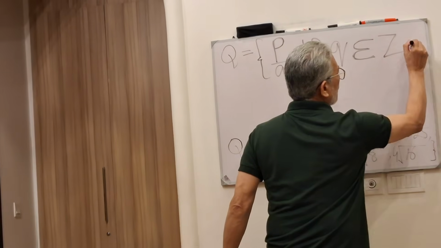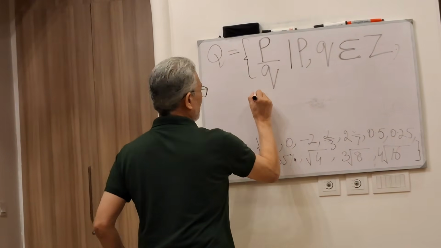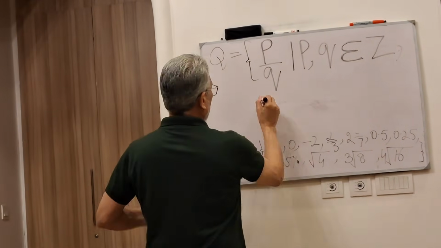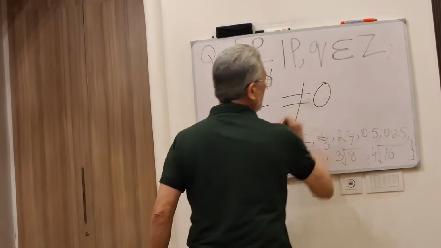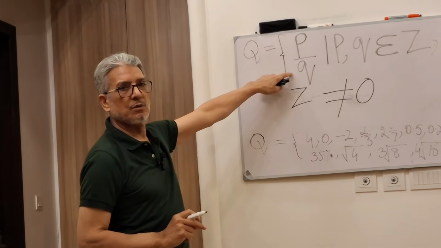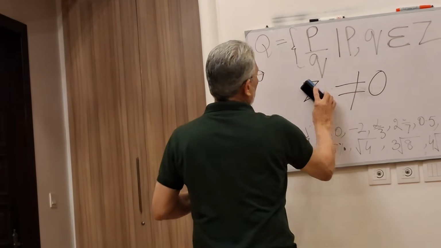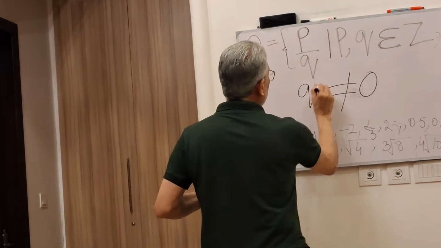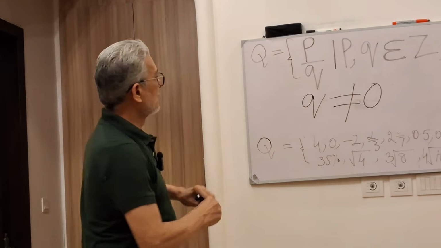And for which we put comma. And Q is not equal to 0. 0 is an integer, but this cannot be 0. Q cannot be 0.